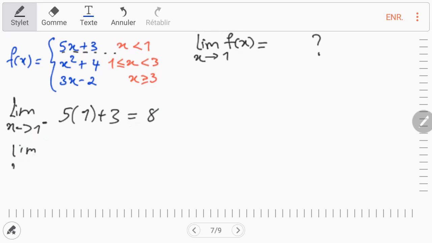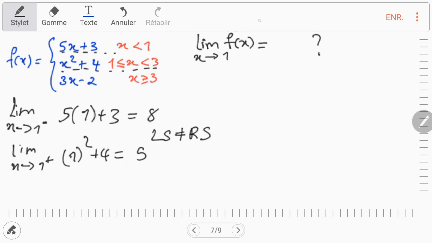And the limit as x approaches 1 from the right side, more than 1, is found in this portion, which is 1 squared plus 4 equals 5. You see that the left side is not equal to the right side. Therefore, the limit of f of x as x approaches 1 does not exist.